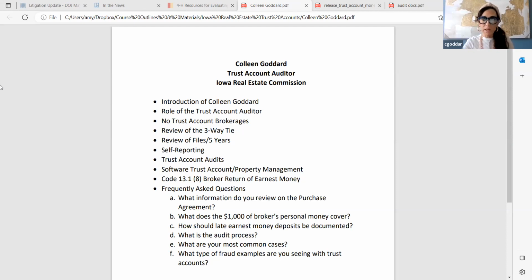Some of the things, and we'll get into this a little bit later as Amy and I get into things a little deeper, but some of the different things that we look at in your files are pretty basic documents like your closing statement, your purchase agreement, your buyer's agency agreement, your listing agreement, your property management disclosure, your lead paint disclosure, addendums, things like that.